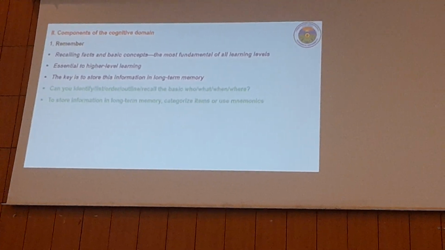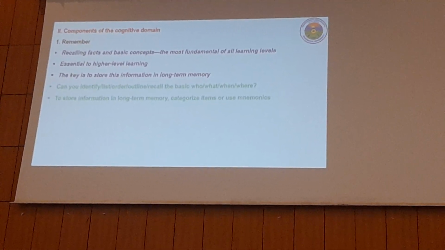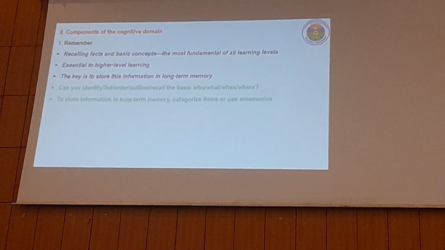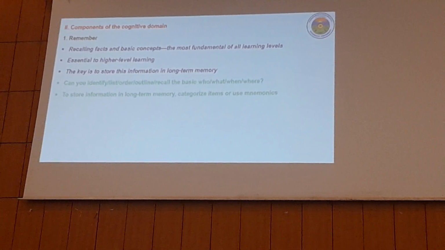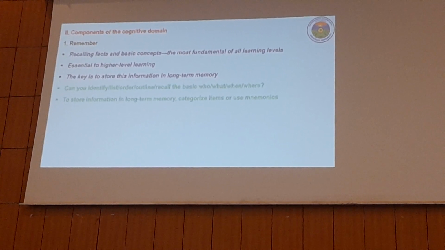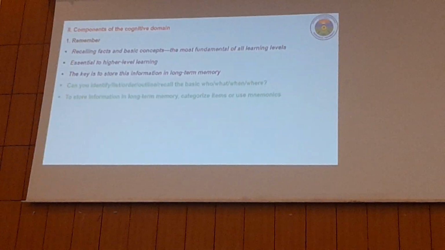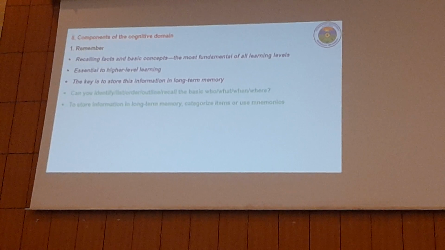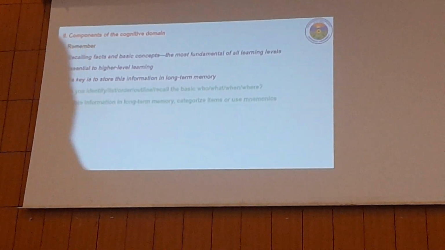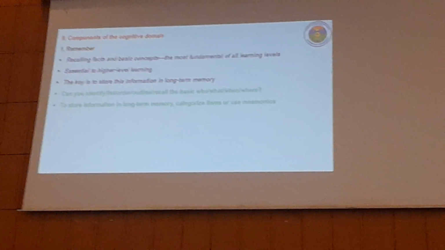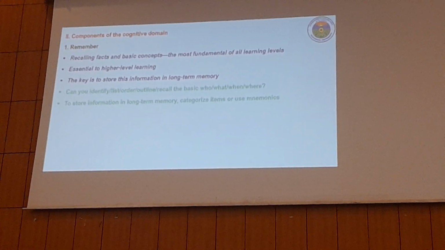The most fundamental part of learning is very important. It is mainly focusing on simple knowledge, essential for higher levels of learning, because without this we couldn't go beyond. We can go beyond if we clearly understand this part. And it is key to retrieving information from our long-term memory.